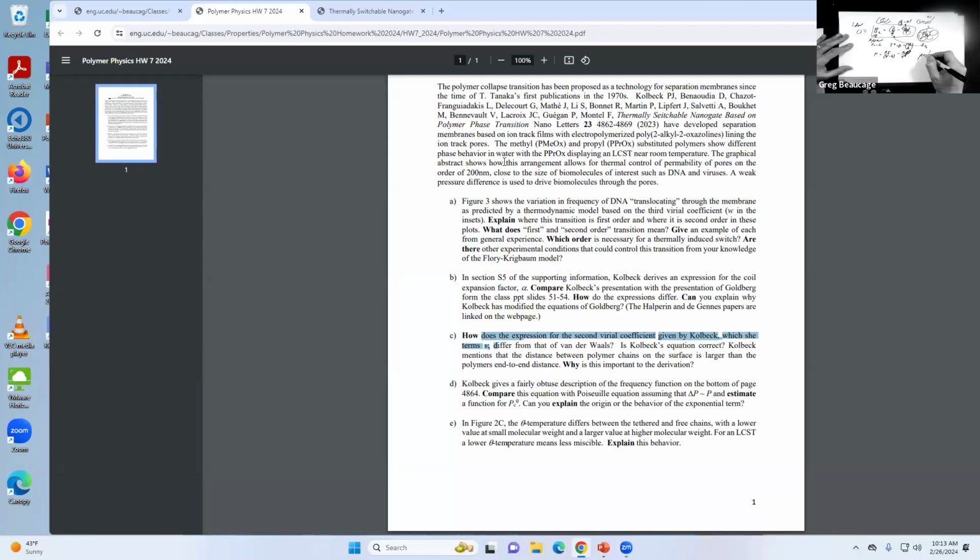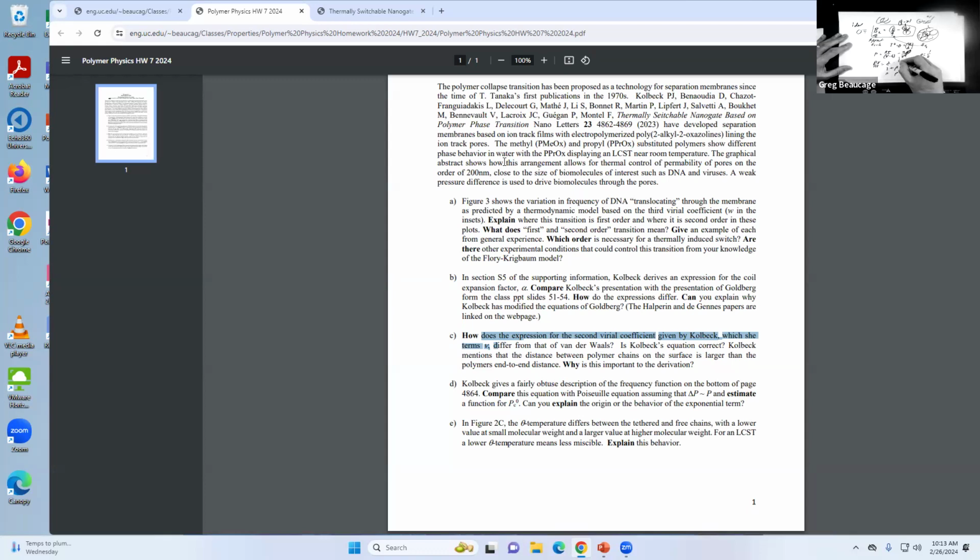Rho equals 1 over V; the molar density is 1 over the molar volume. PV over RT is the compressibility factor, which would be 1 for an ideal gas. It's going to be 1 plus rho times V2, because 1 over V is rho, and then a term in rho squared. That's the binary interaction term, the excluded volume term.